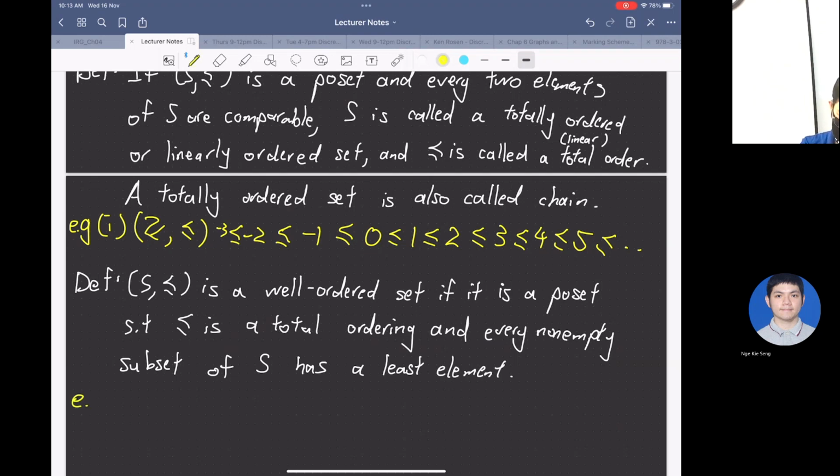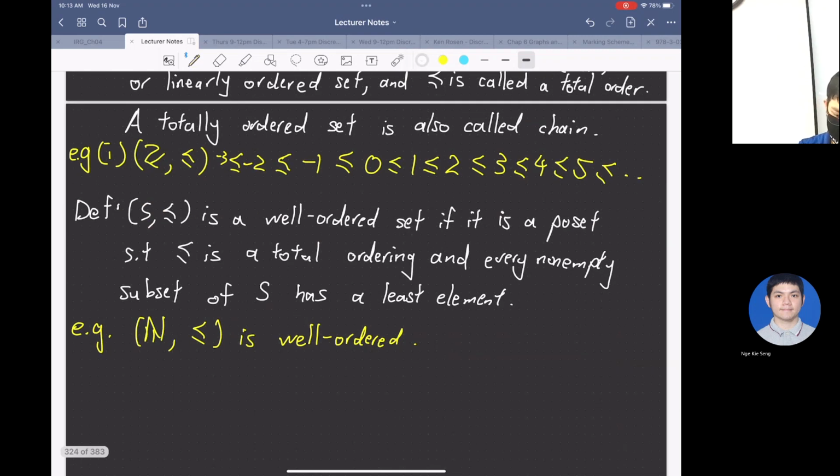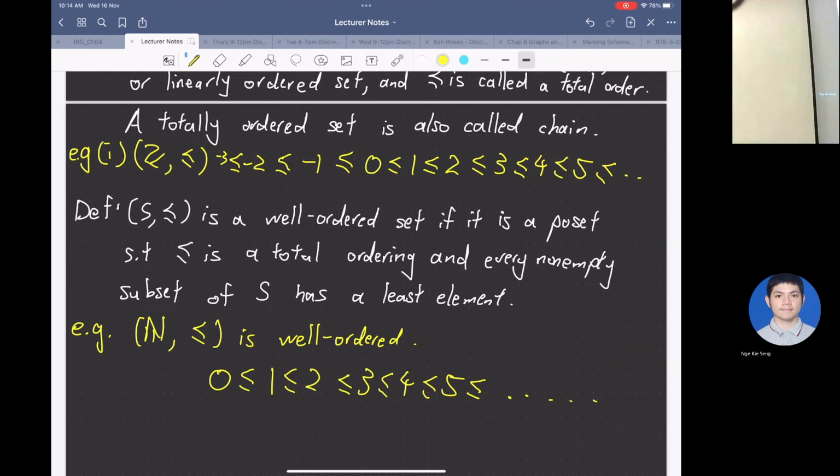For example, the natural numbers are well ordered. We have 0 less than 1 less than 2, 3, 4, 5, then keep going on. Every subset contains a least element.